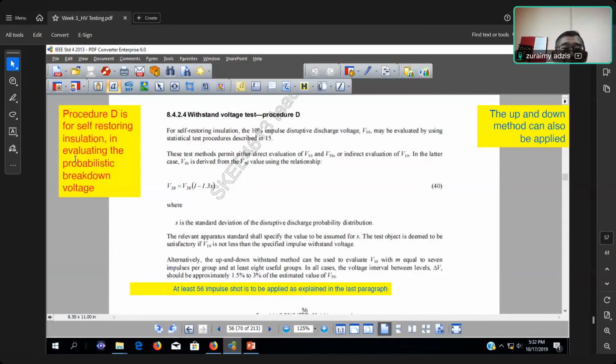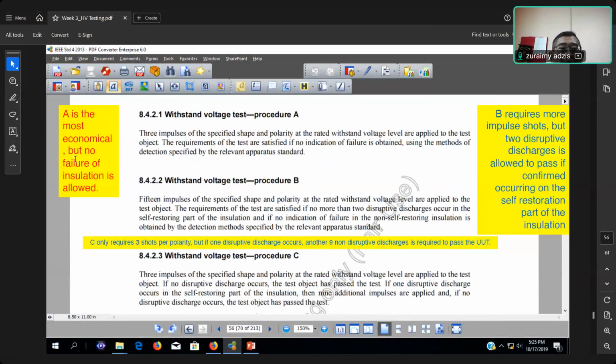This is procedure D, using statistics. This is procedure C, 12 shots maximum per polarity. This is procedure B, 15 shots maximum per polarity, but the passing criteria is a bit different. And lastly, procedure A, where no discharges should occur, then it passes.